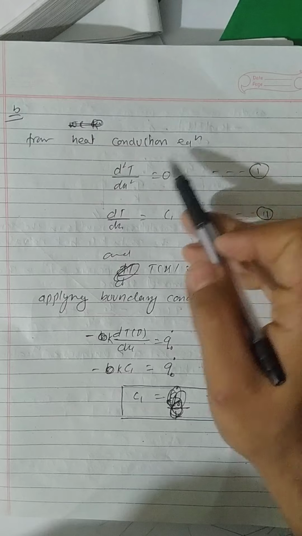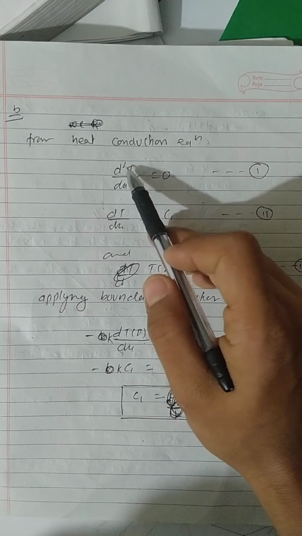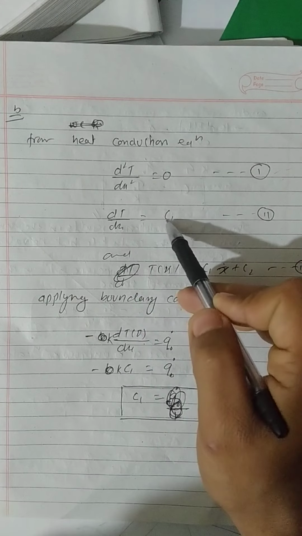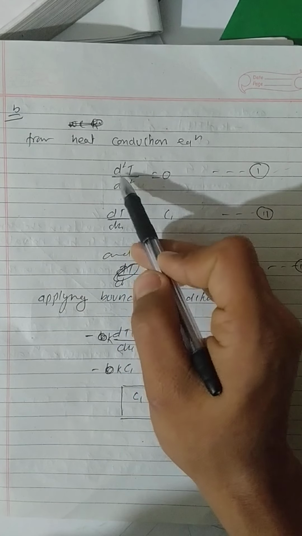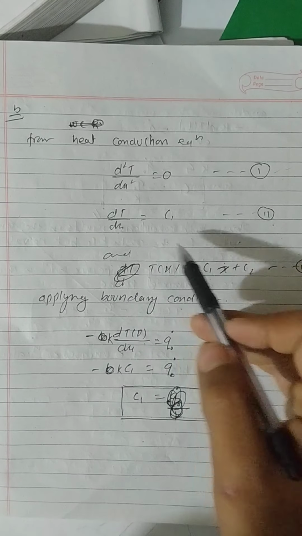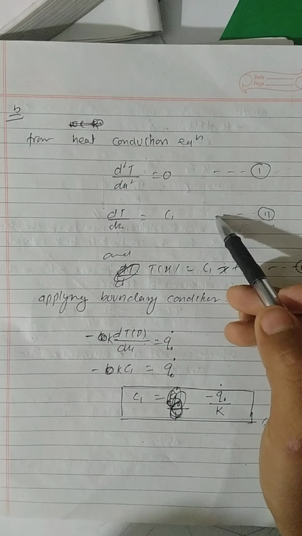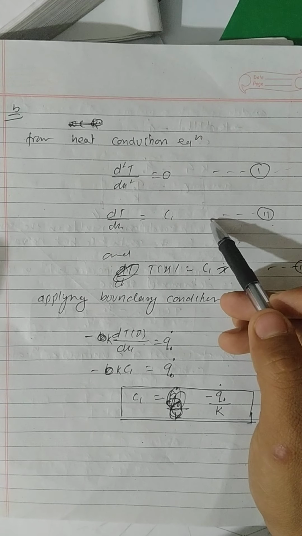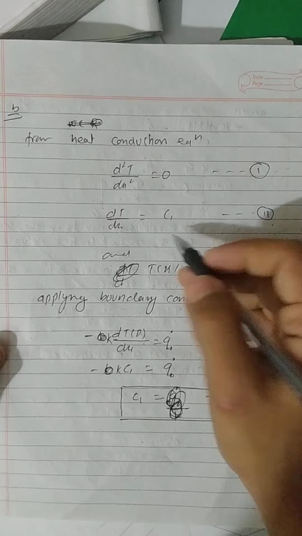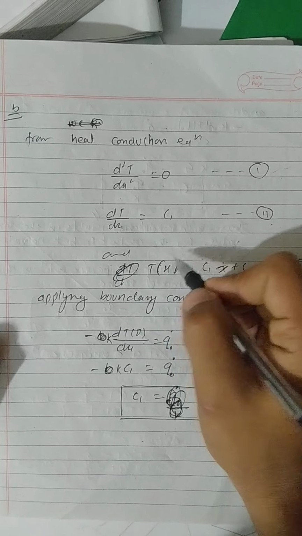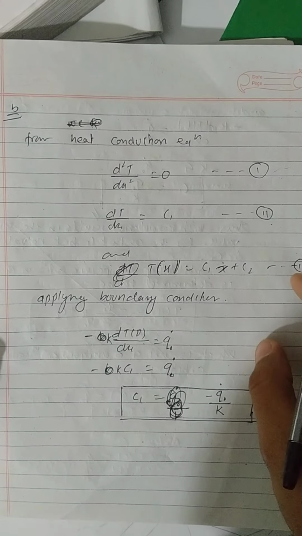For the heat conduction equation, we know d square T by dx square equal to 0, equation 1. If you integrate it with respect to x, you will get dT/dx equal to c1. I have written this in a very explanatory way, because you guys may have a problem if I do this indirectly.